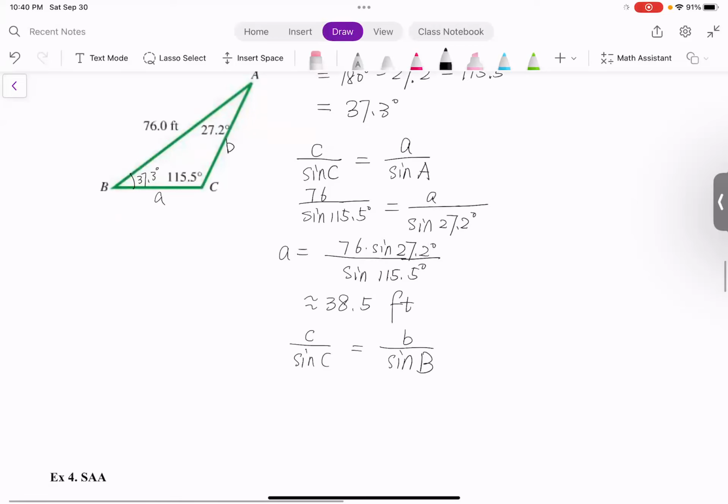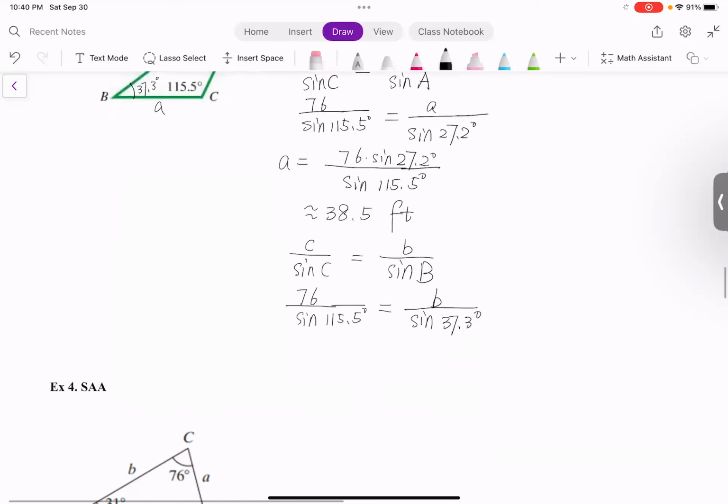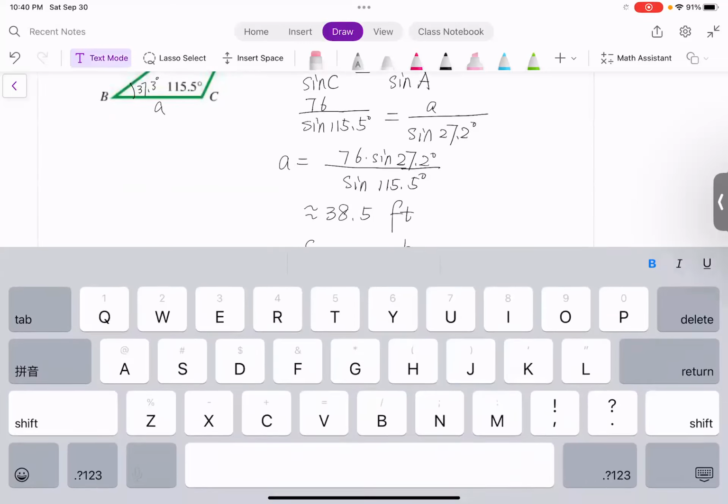Okay, let's isolate the B. Multiply by sine B, or input the data first. So c over sine C equals 76 over sine 115.5 degrees, all equals b divided by sine B, which is 37.3 degrees. And then we need more space.